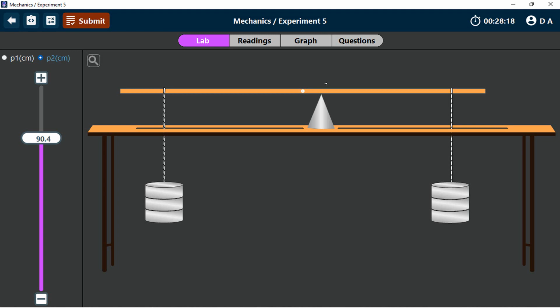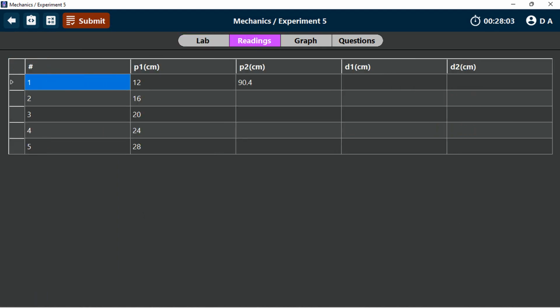And that's quite straightforward. We already know that this pivot point is at 0.55. And if this is 12, then just subtract 12 from 55. That will give you D1. If you subtract 12 from 55, you are going to get 43.